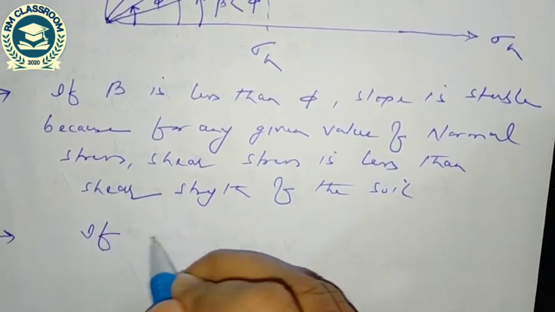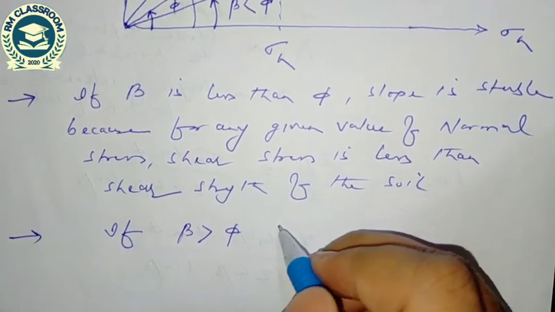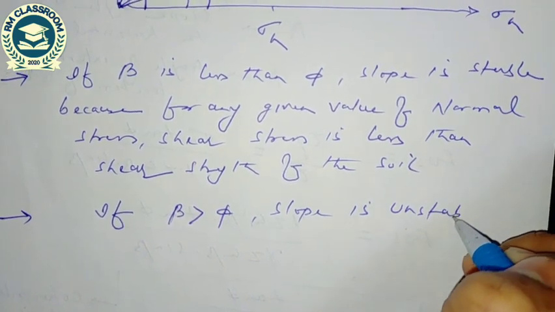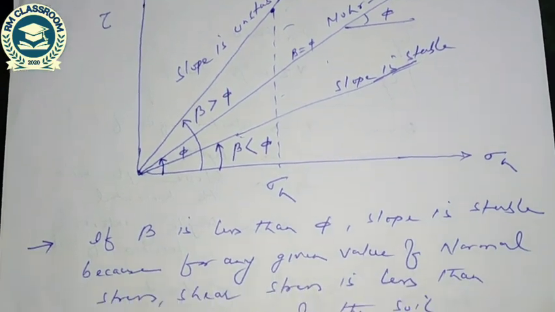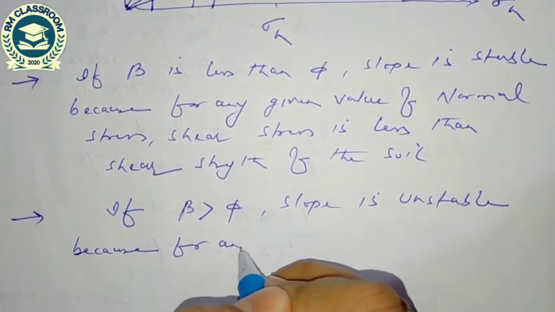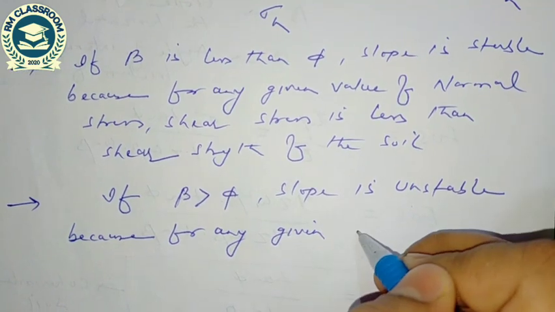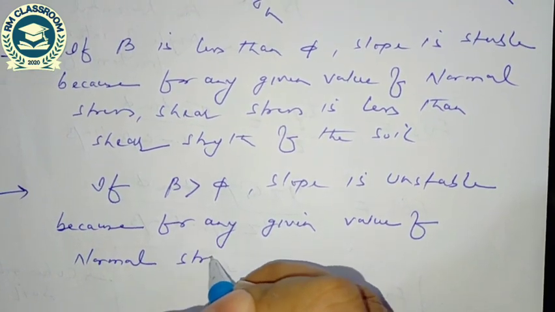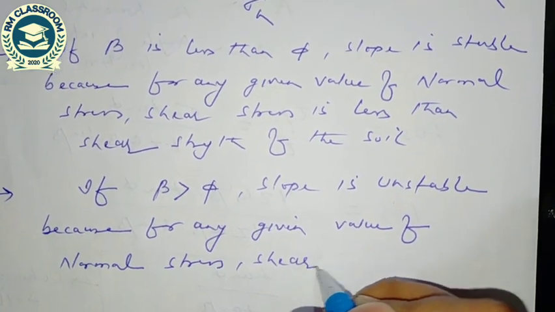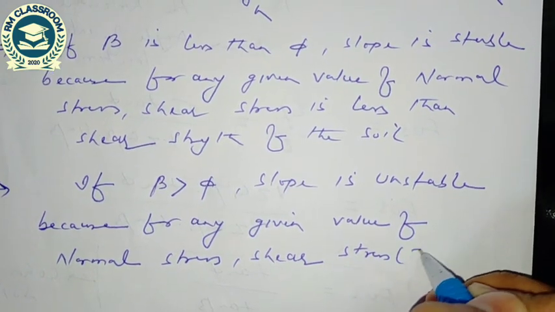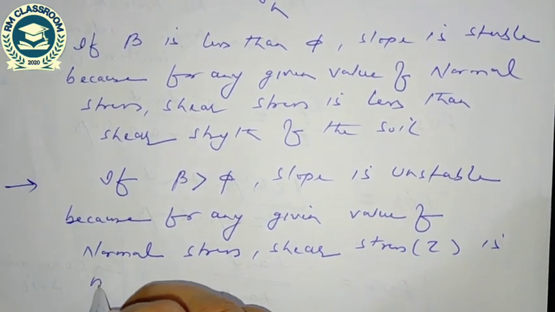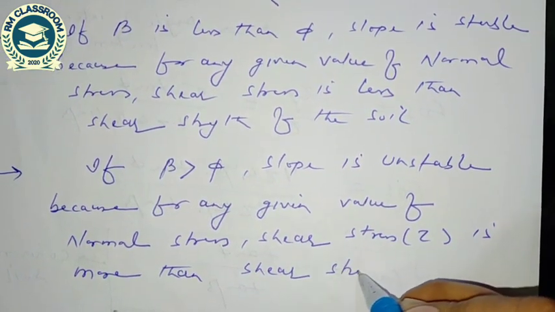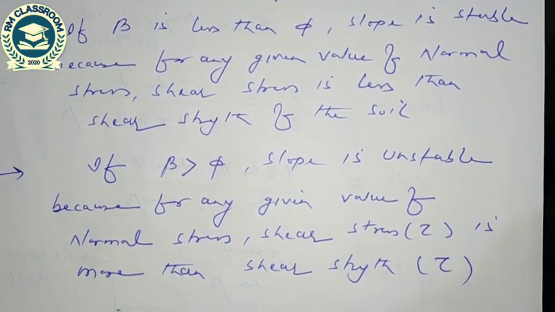Similarly, if beta is greater than phi, the slope is unstable because for any given value of normal stress, shear stress tau is more than the shear strength tau f.